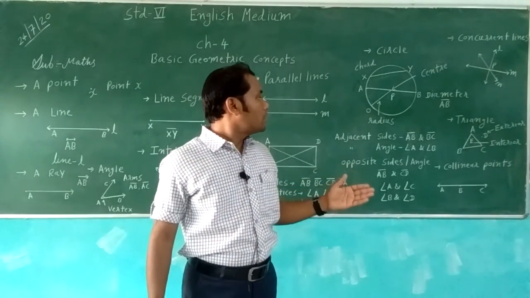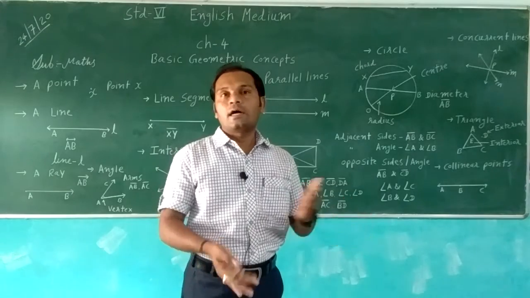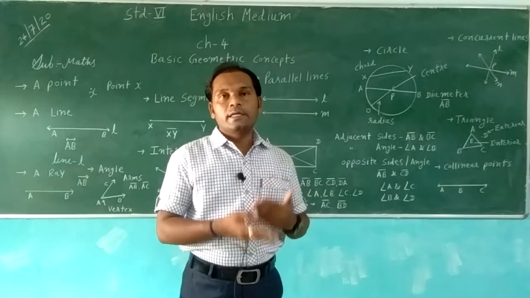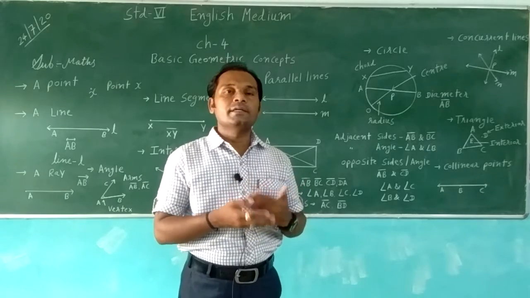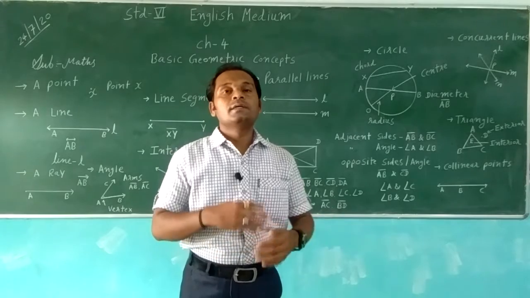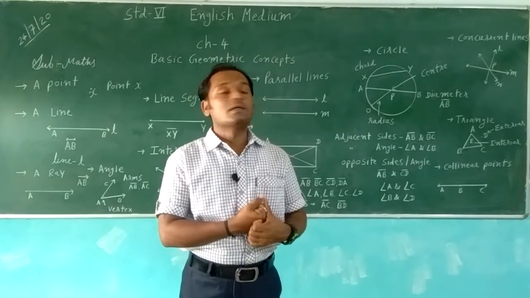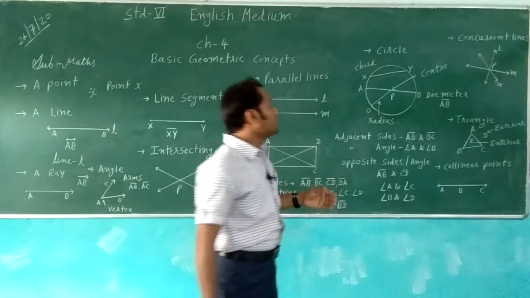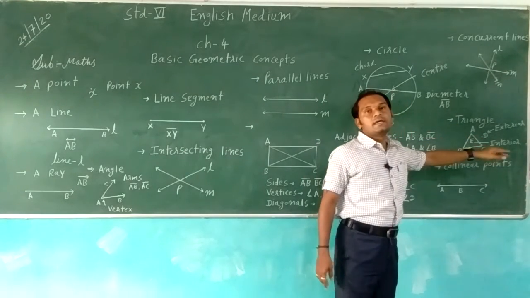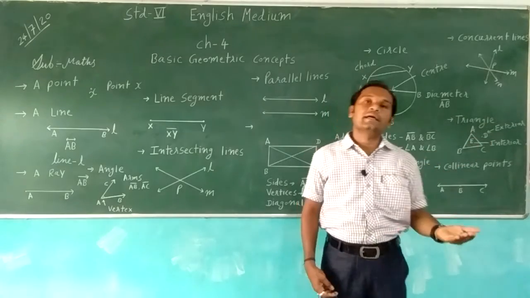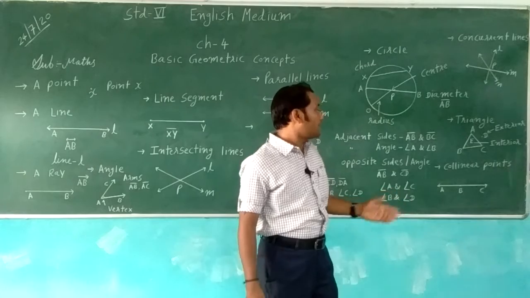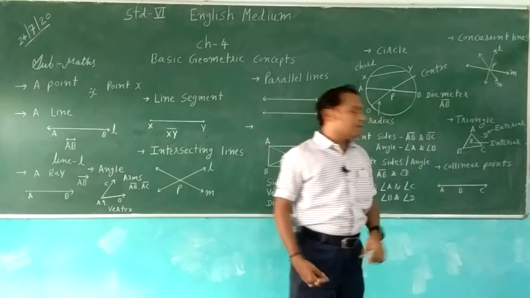If any point is inside the area of a figure, it is called interior. So here in triangle ABC, point D is exterior of the triangle and point E is interior of the triangle.